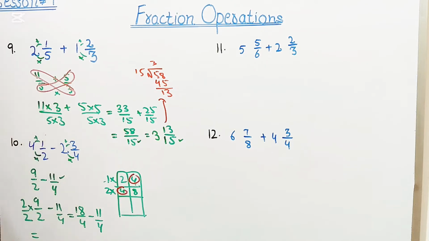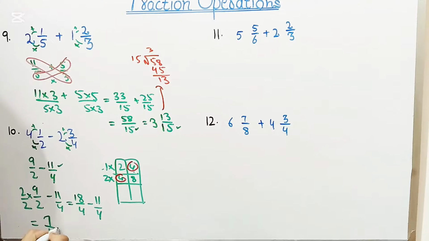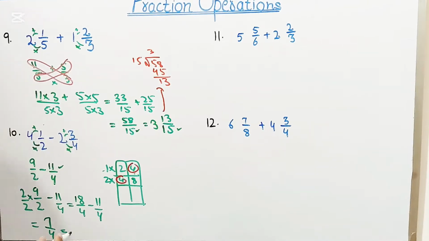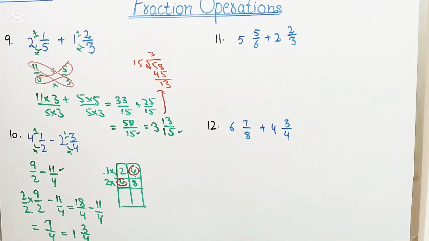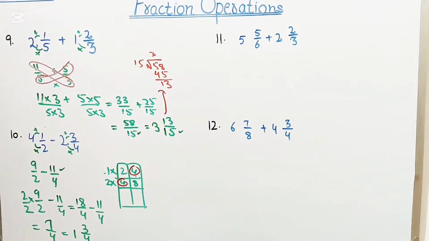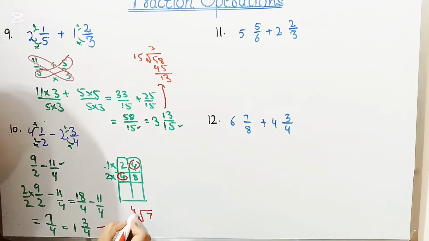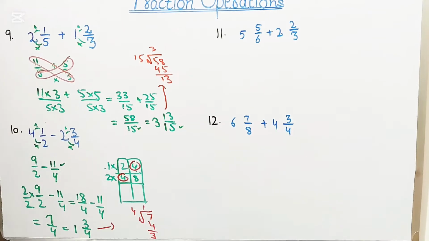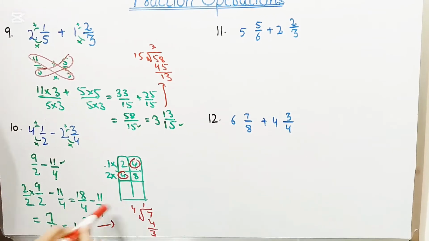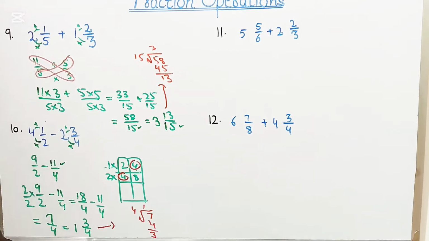My answer is 7 by 4. When we divide, my answer is 1 into 3 by 4. If you want to know how, 7, 4 ones are 4, remainder is 3. 1 as the whole number, 3 as the numerator and 4 as the denominator.